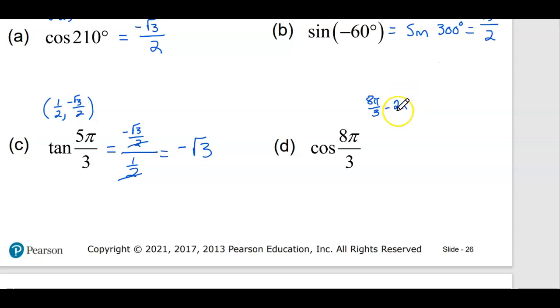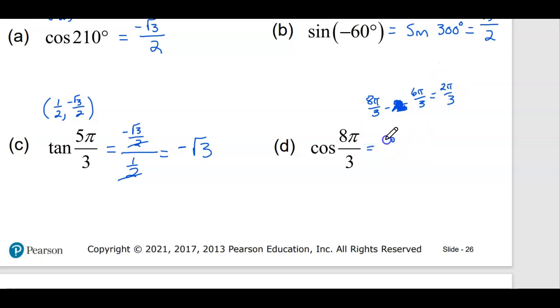So I have to put 2 pi in terms of a third. So if I convert 2 to a third, that's actually going to be 6 pi thirds. So 8 pi thirds minus 6 pi thirds is actually 2 pi thirds.